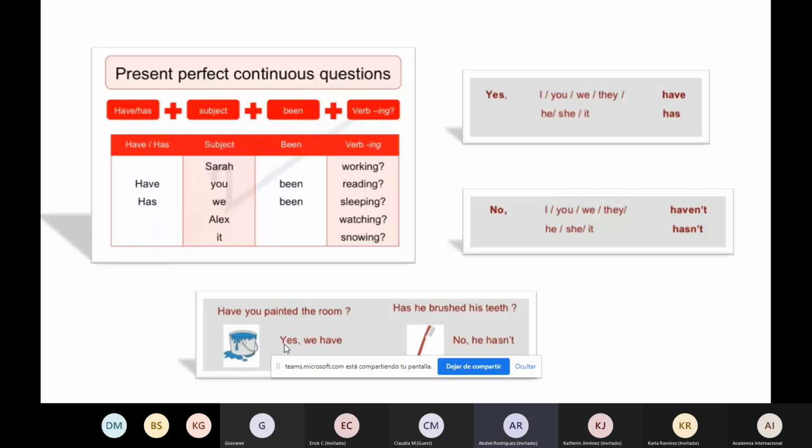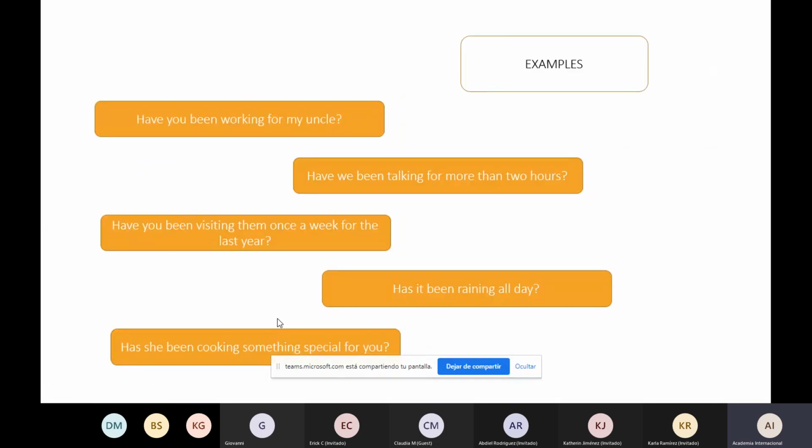Las primeras están como en presente continuo y estas últimas en algo, una acción que ya pasó. Sí, este está en presente continuo, exacto. Y este está en el presente perfecto.